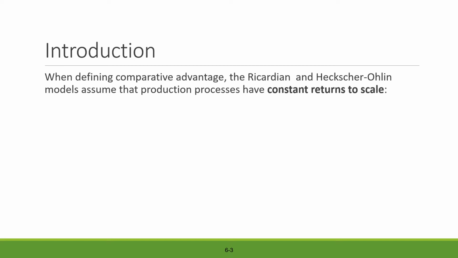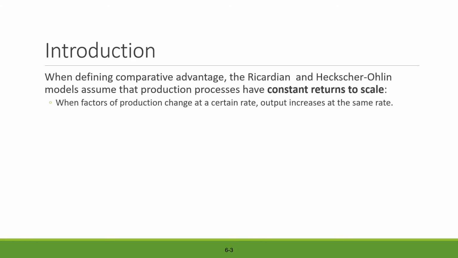Then we have alternate concepts to the constant return to scale, that is the increasing return to scale and decreasing return to scale. An increasing return to scale basically means that when we double the input, our output is more than doubled.